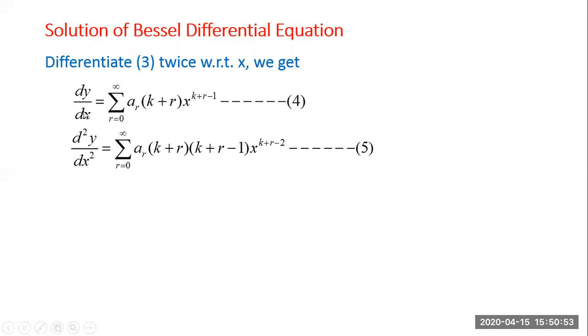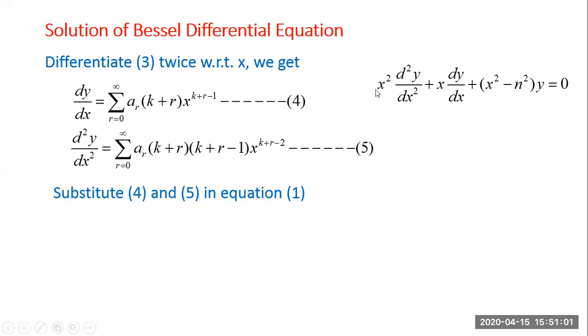Then substitute this dy by dx and d square y by dx square in the Bessel's equation. This is the Bessel equation: x square d square y by dx square plus x dy by dx plus (x square minus n square) into y. Here substitute the value of d square y by dx square as well as dy by dx.